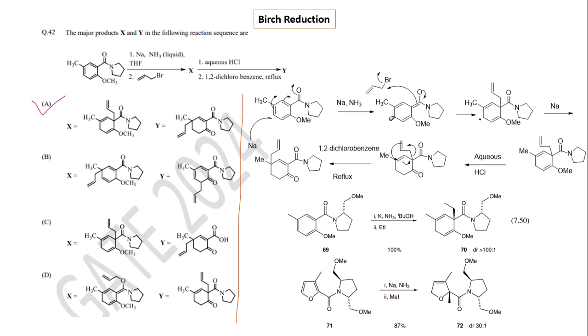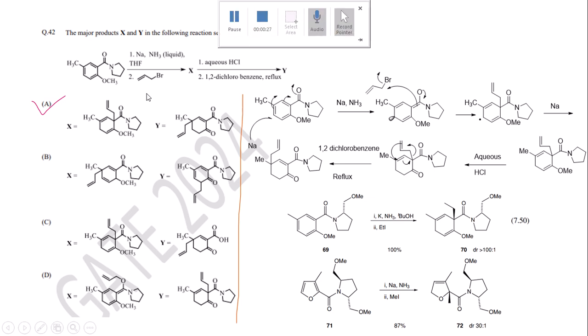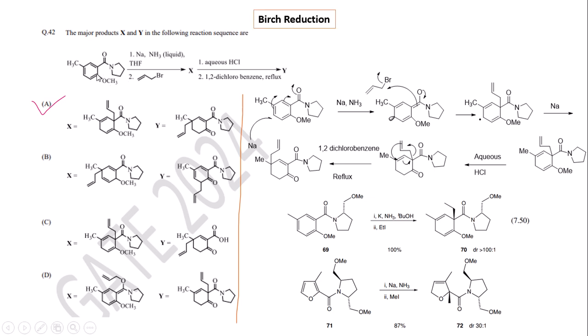The major products X and Y in the following reaction sequence: this is an aromatic compound containing an electron-withdrawing carbonyl group, and hence in the Birch reduction, that is the partial reduction in the presence of sodium, it gives a single electron to the benzene ring para to the electron-withdrawing group and produces a negative charge on the oxygen atom after resonance, and then the electrophile can be quenched to produce the allylated product.